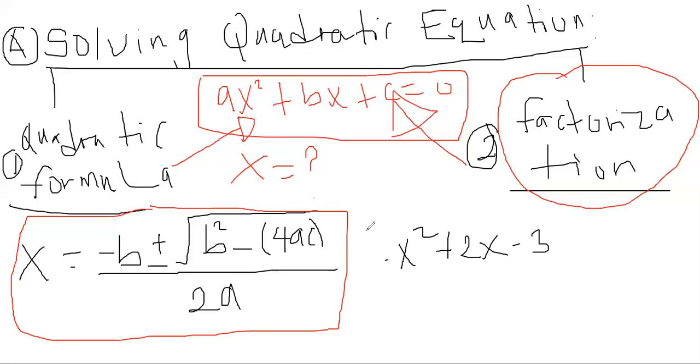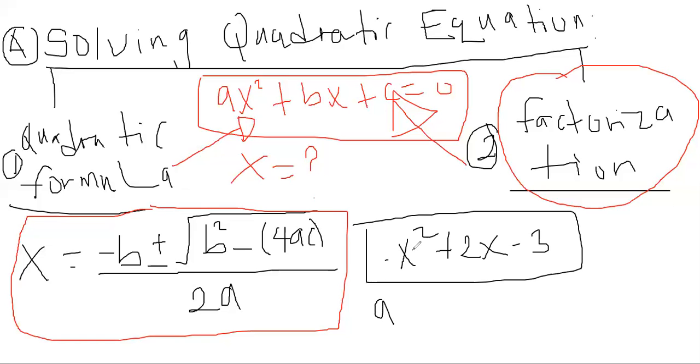If this quadratic equation is given to you and they ask you to solve it, your a is the coefficient of the quadratic term, which is -1. Even though it's not stated here, if a variable is standing alone, know that there's a 1 attached to it. So a will be -1, b will be 2, and c will be -3. You just substitute these and you will find it.